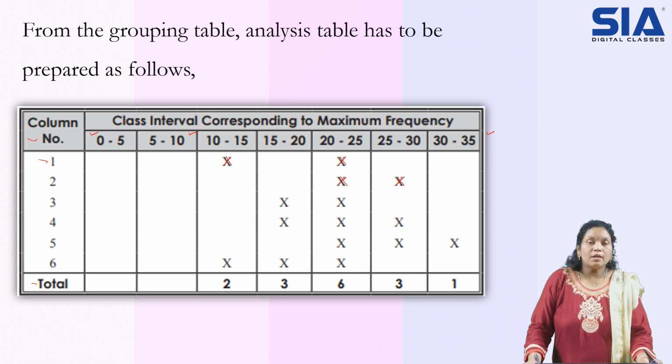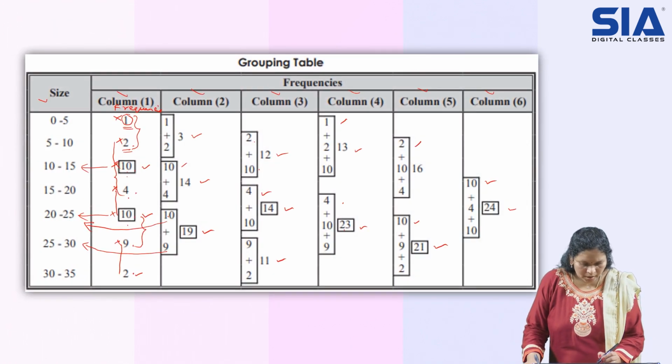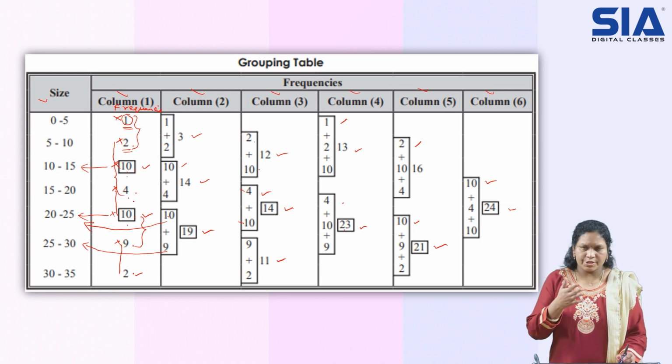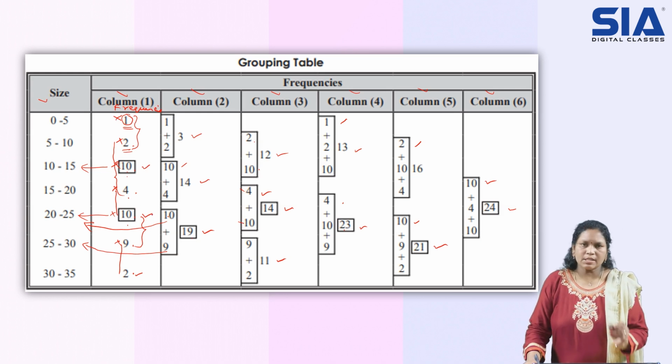Now let us go for the third column. Third column, what we have? Highest value. Third column 14 we got. So 14 is intersection of, that is the adding of 4 and 10. So 4 and 10 is here in frequency. Always you have to check it out in frequency column where it falls, and its particular class intervals you have to mark as cross marks.